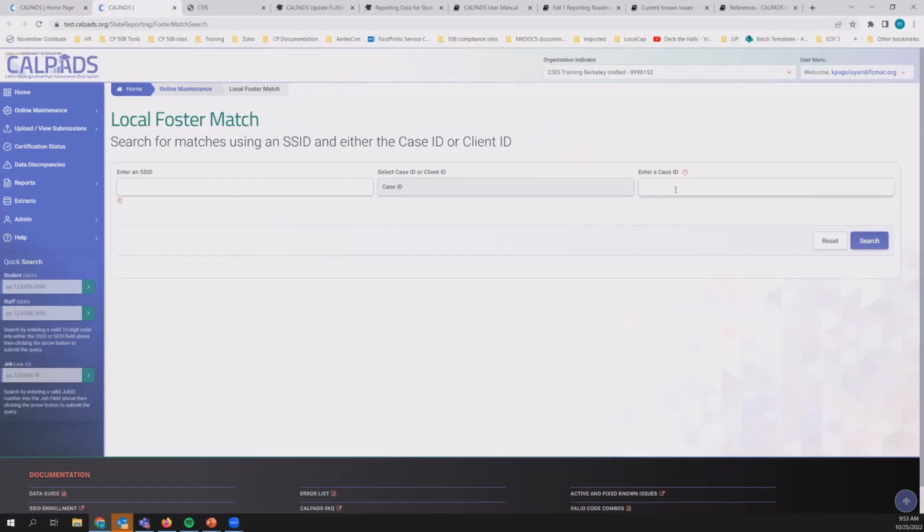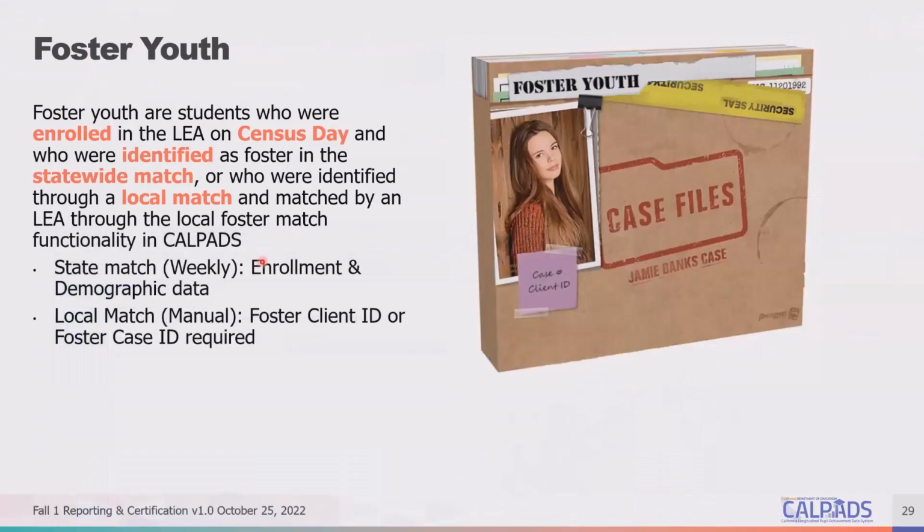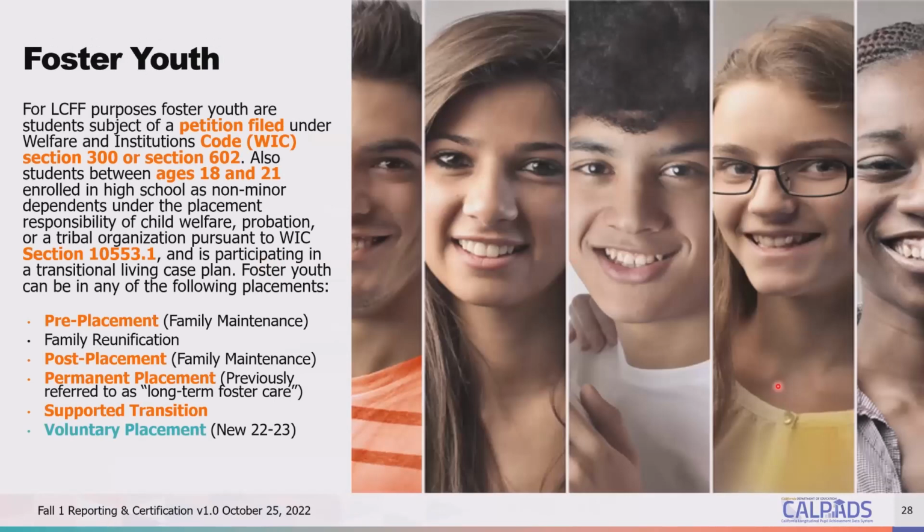If it's the case ID, then do the case ID, or if it's a client ID. So you can do a foster match, but the only matching that CalPAS will do is based on the same subgroup of students that I've outlined earlier, which is based on this foster youth classification.